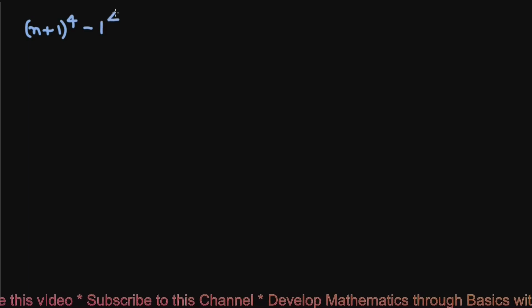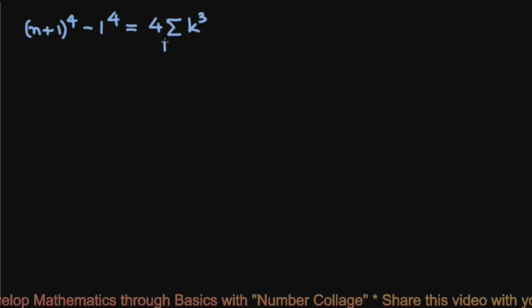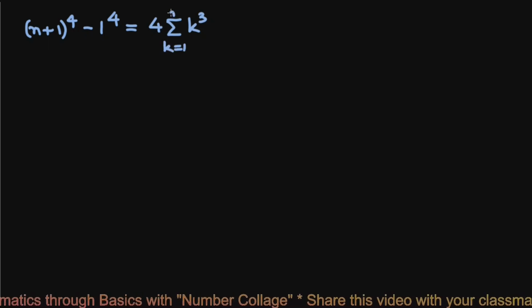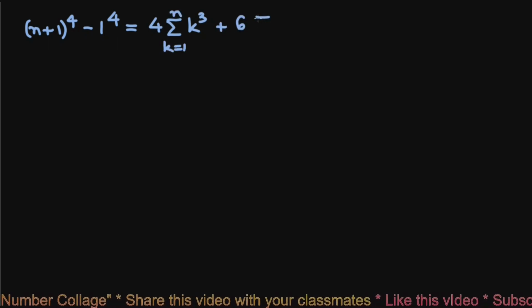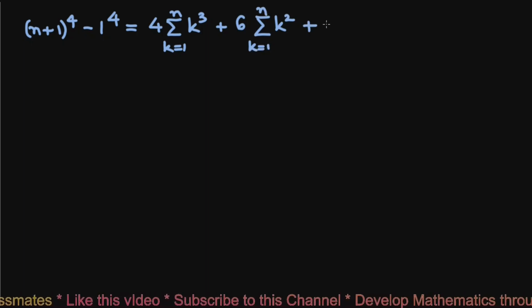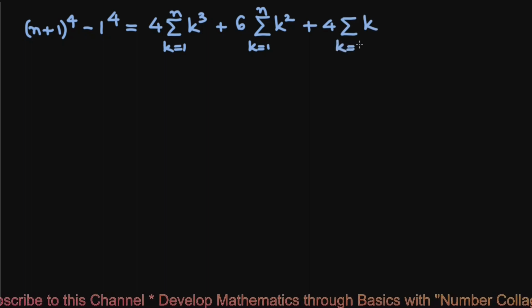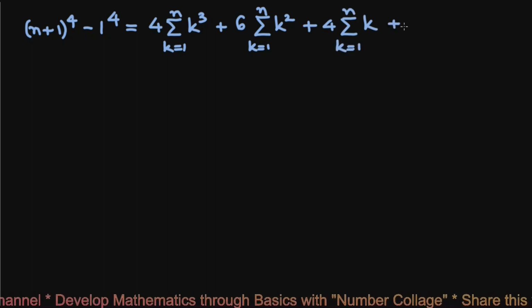We have found (n+1) power 4 minus 1 power 4 equals 4 summation k cube, where k runs from 1 to n, plus 6 summation k square, where k runs from 1 to n, plus 4 summation k, where k runs from 1 to n, plus n.